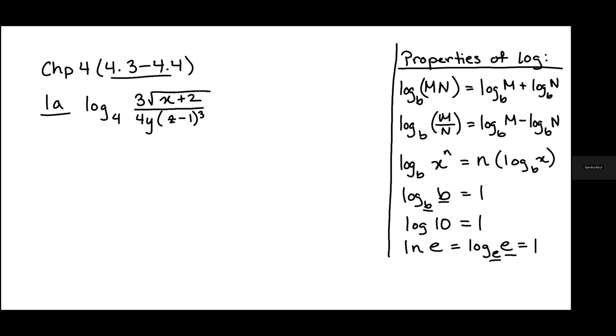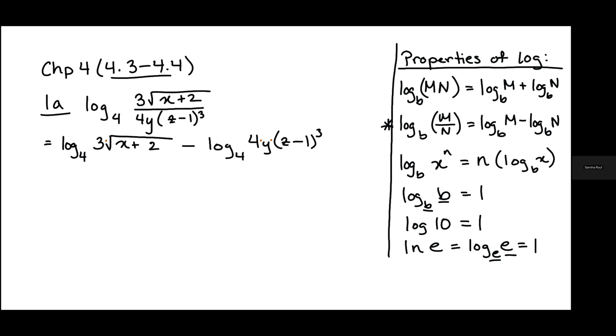So let's first split this using this log property that allows us to write the numerator and denominator as a difference. So we're going to have log base 4 of 3 square root of x plus 2 minus log base 4 of 4y times z minus 1 cubed. Okay. Now, notice that here you have 3 times the square root, and over here, you have 4 times y times z minus 1 cubed.